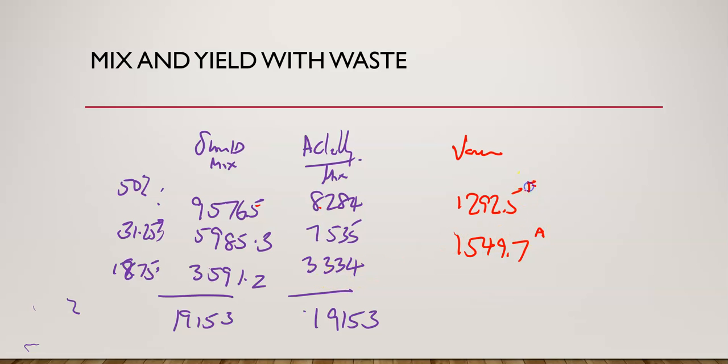Finally, you used less, so this is favorable: 3591.2 minus 3334 is 257.2.